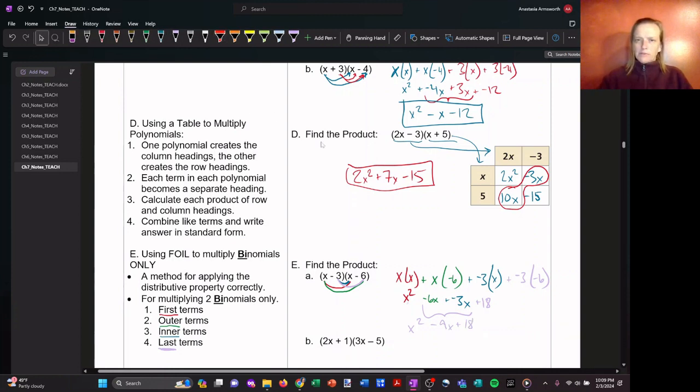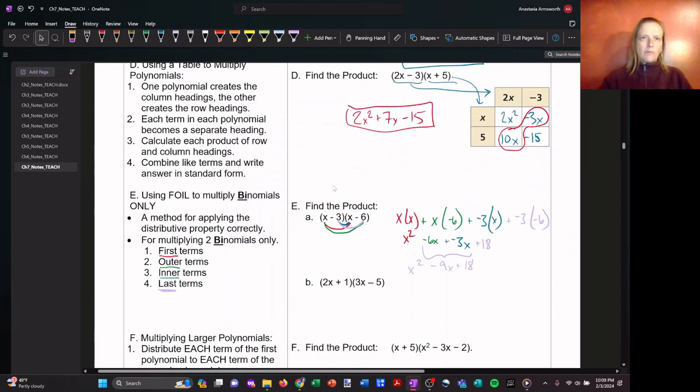Let's do another example. And as always, I love it when you pause the video and try to answer the questions before I do. Try to find those first terms, outer terms, inner terms, and last terms, and practice multiplying those constants and variables together to get the right answer. I'm going to do 2x times 3x.